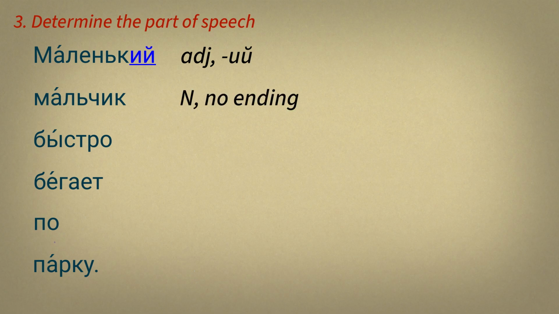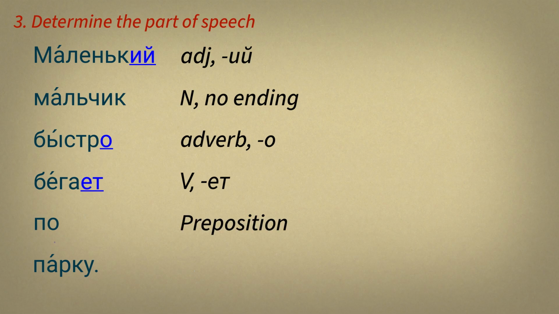It's a noun and has no ending. Быстро. It's an adverb and has suffix «о». Бегает. It's a verb and has an ending «ет». По. It's a preposition. Парку. It's a noun in the prepositional case and has an ending «у».